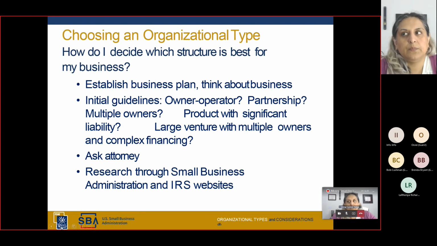Your business plan is going to describe your key factors impacting your business, such as the market, your sales volumes, management structures, locations, marketing strategies, financing. That should tell you if you're going to have a partner, if you're not going to have a partner. It should tell you what kind of operations you're going to be looking at.